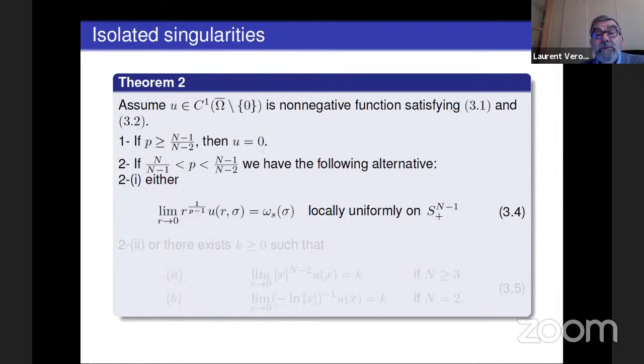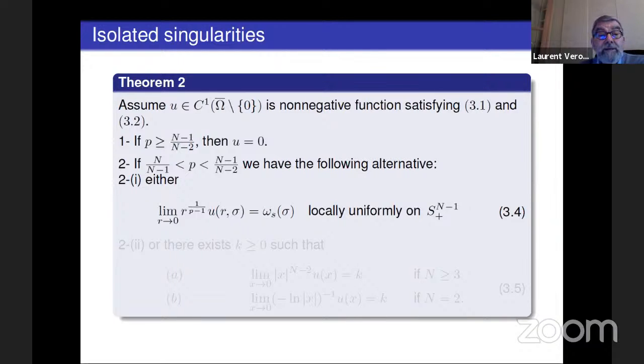It satisfies the equation minus Laplacian of u plus u is 0 in omega, and on the boundary, it satisfies du over dn plus u to the p is 0, all on the boundary except the point 0. This is my nonlinear boundary problem with a possible singularity at 0. So if p is bigger than (n-1)/(n-2), then u is 0.